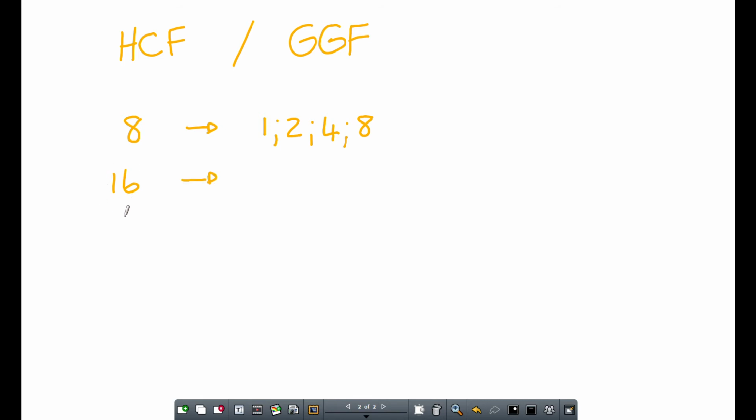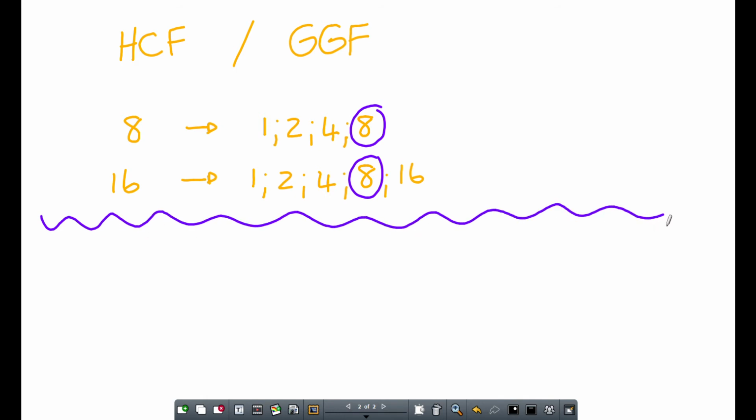What can divide into 16? 1, 2, 3 kan nie, want dan sal res. 4 kan, 5 kan ook nie, 8 kan, en homself. Okay, now, what is the highest number that's a factor of both? Sien jy 8? Okay, so that is option 1 of doing it.